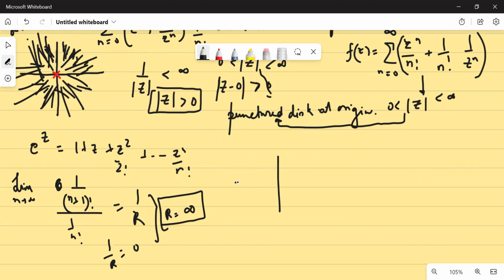It implies that this series is convergent for all mod z less than infinity. So again, this is an entire function.